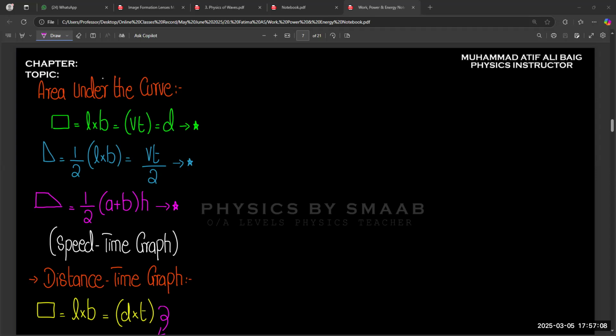There are two possibilities. One possibility, if we consider that ball or that free fall without any air resistance, there will be a different type of graphical representation, because practically we have air resistance. But if we consider that there is no air resistance, the graphical representation will be different. In the same way, if we add air resistance in the case, we will get a different type of representation, right?